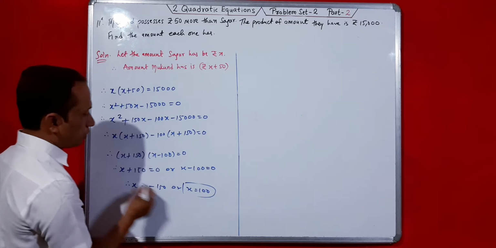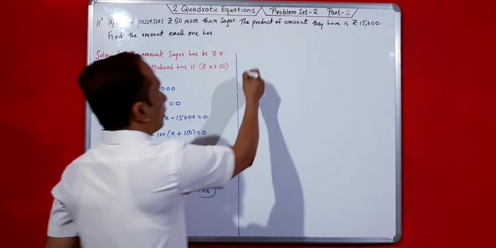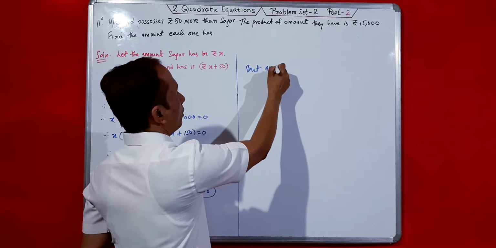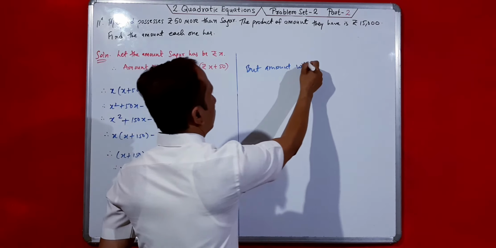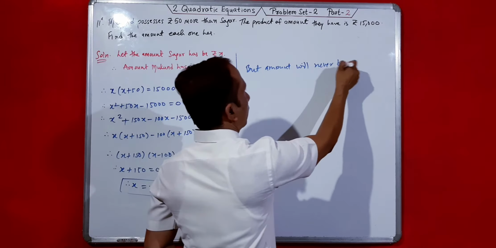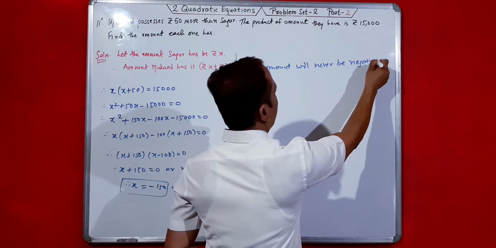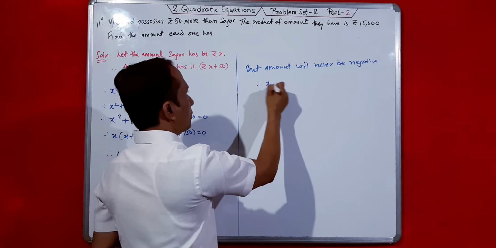So these are the solutions, but an amount will never be negative. Therefore x is equal to 100.